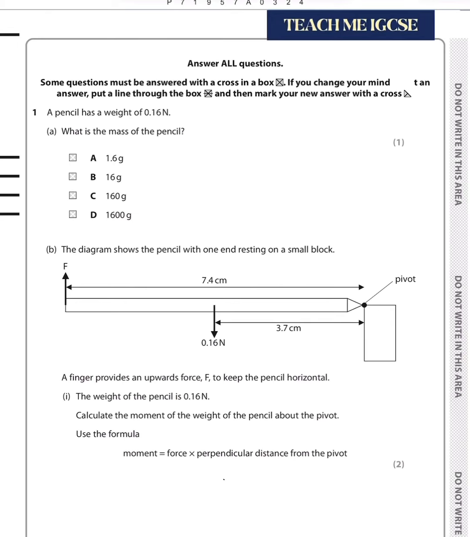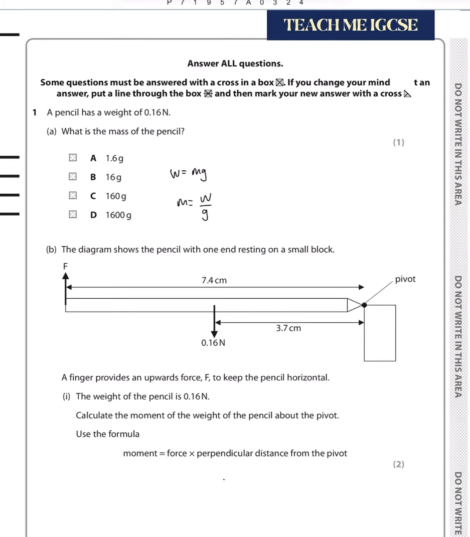So question 1, a pencil has a weight of 0.16 newtons. What is the mass of the pencil? So weight is equal to mg, so mass is equal to weight over g.